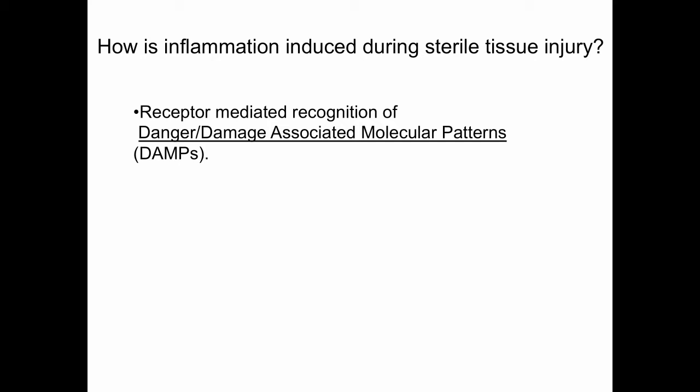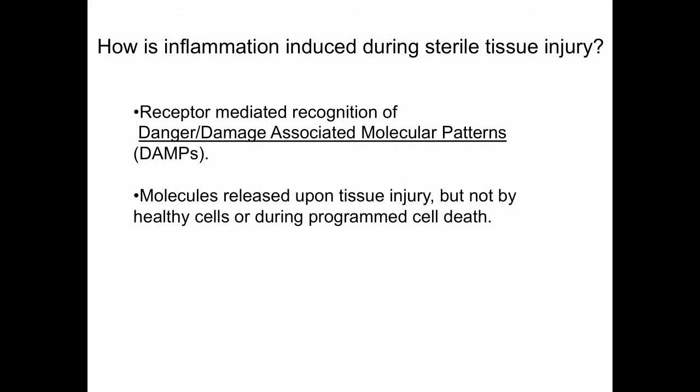We refer to these molecules as danger or damage-associated molecular patterns, or DAMPs. These are molecules that are released upon tissue injury, but not typically by healthy cells or cells that are dying by programmed cell death or apoptotic cell death. They're released by cells that are dying by necrosis or by traumatic tissue injury.